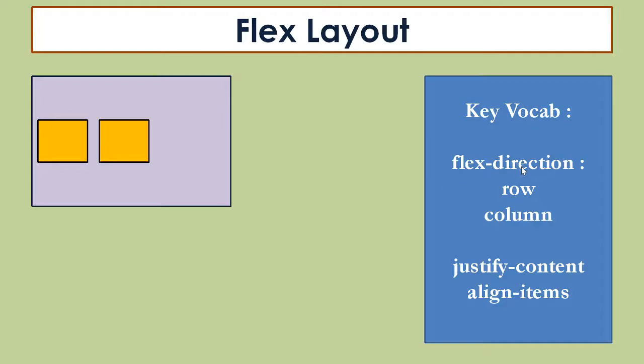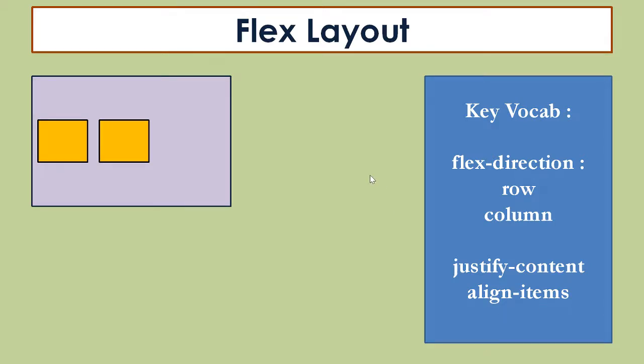So for flex direction, you have two options: row or column. For justify content, you have left, center, or right. And for align items, it's left, center, or right. So have a think. How would you organize these to create this website? Stop the video and write down your answers.